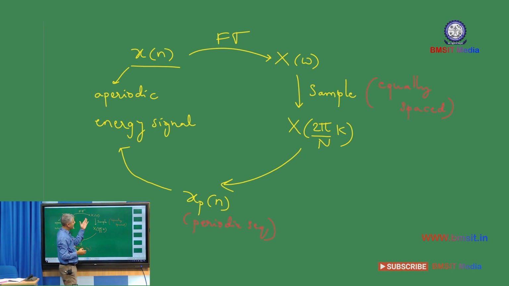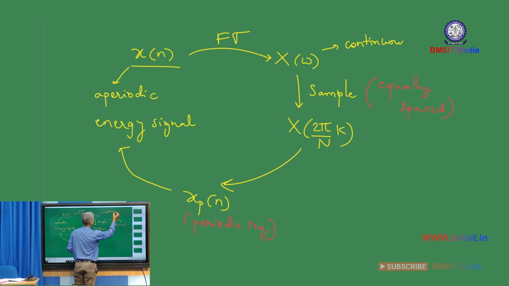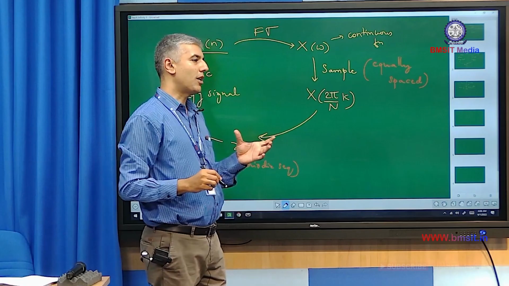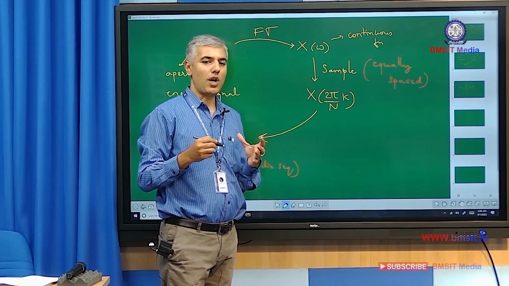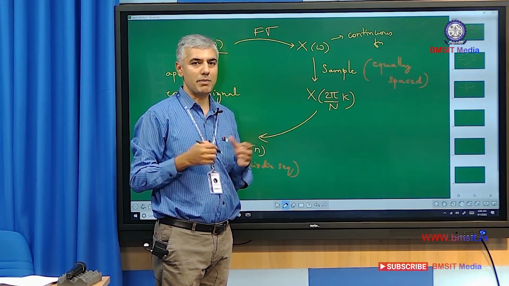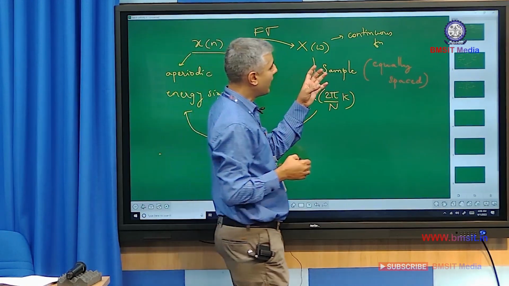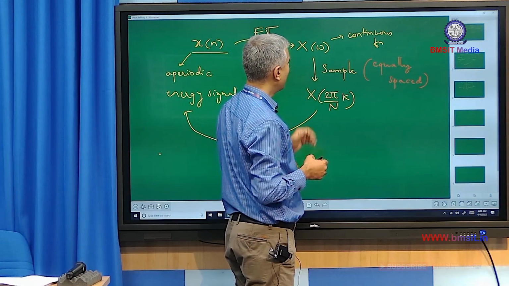The Fourier transform is a continuous function of the frequency, and therefore it cannot be stored or processed by real time systems. So, we need only the samples of it.